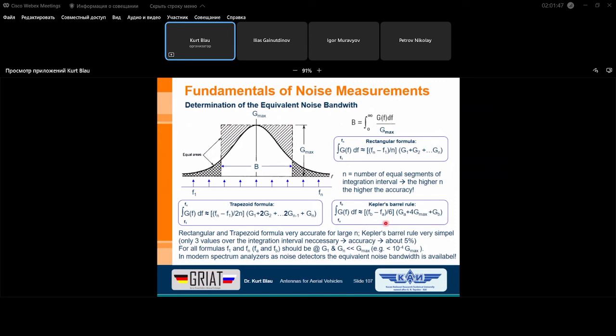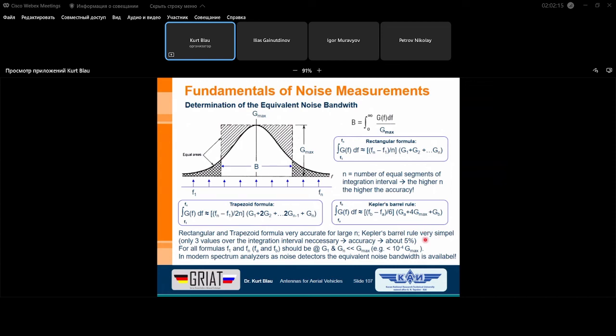And again, the transmission curve must have more or less such a shape. If it has this shape, then the precision of this primitive method is in the range of about 5%. It's enough for a lot of applications.